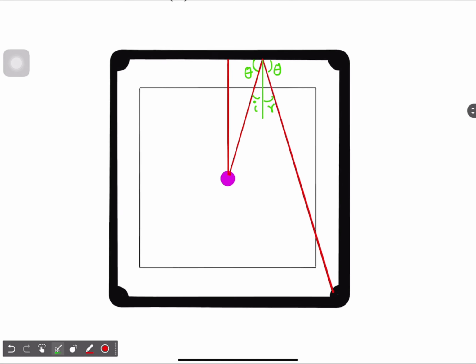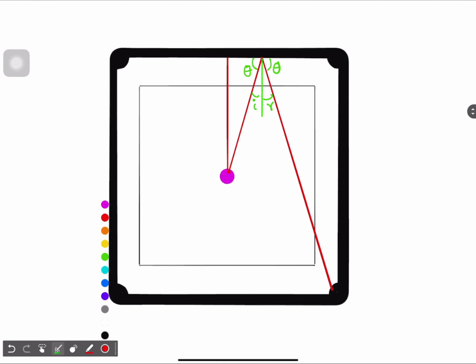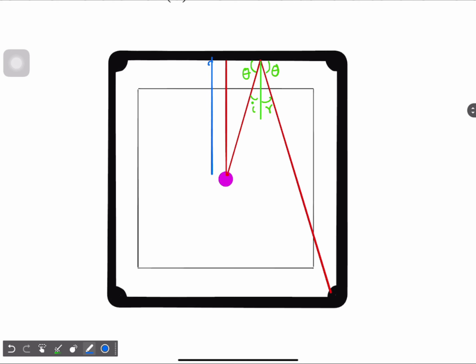That means now if I write this as L1 and this as L2, then this length as x1 and this length as x2, then I can say that since the triangles are similar, x1 by x2 should be equal to L1 by L2.